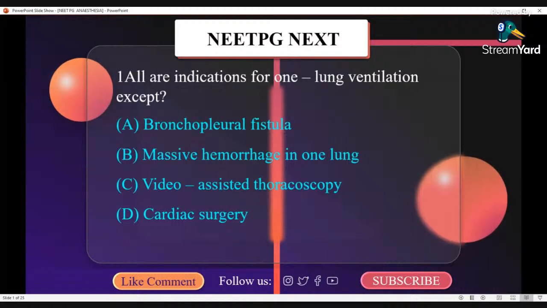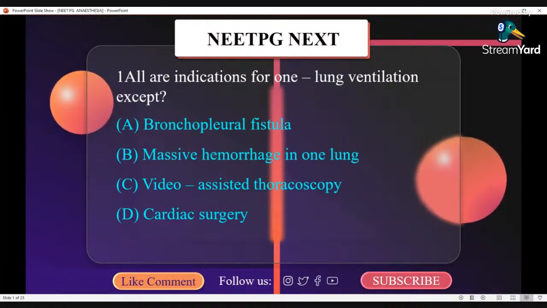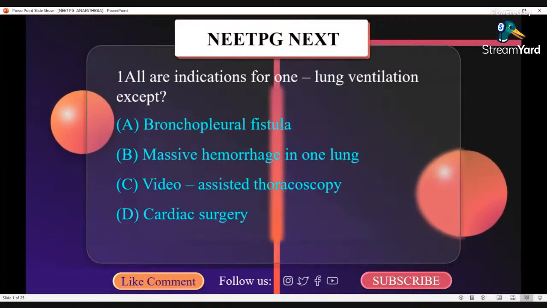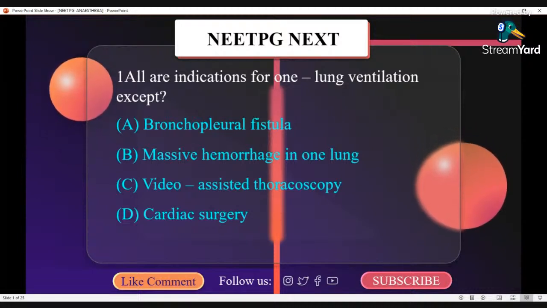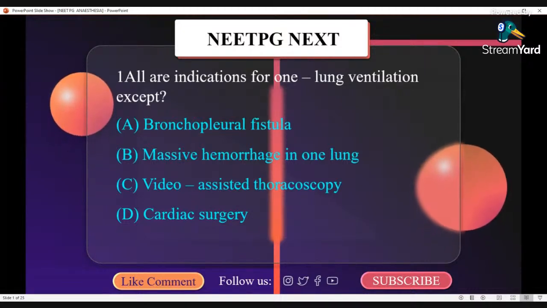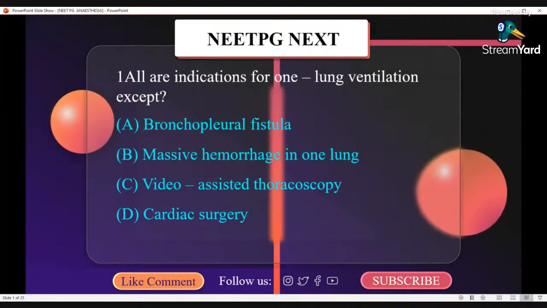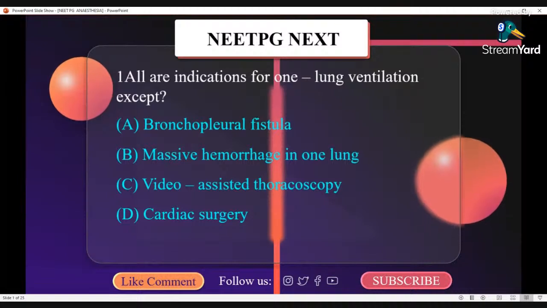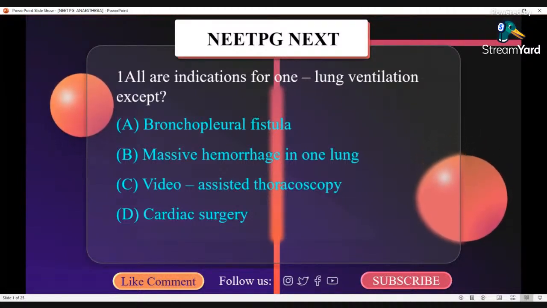Lung isolation may be accomplished by a number of methods, including double lumen endotracheal tubes, placement of a bronchial blocker through a single lumen endotracheal tube, or you can use a single endobronchial tube.